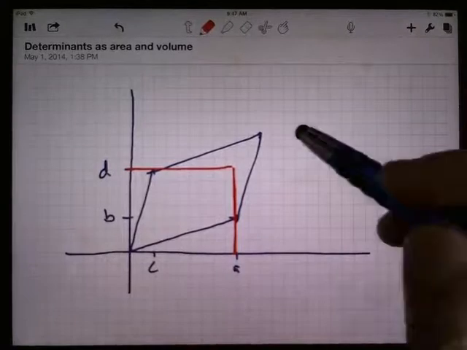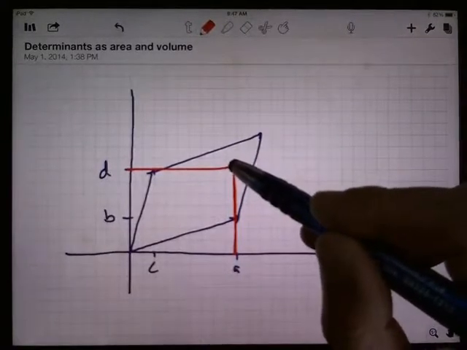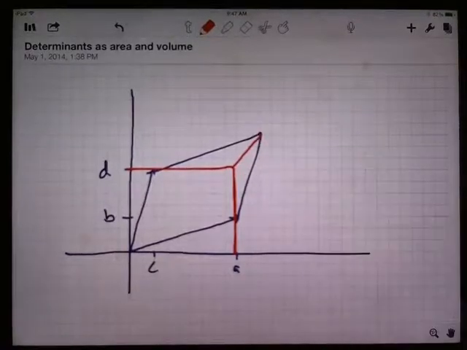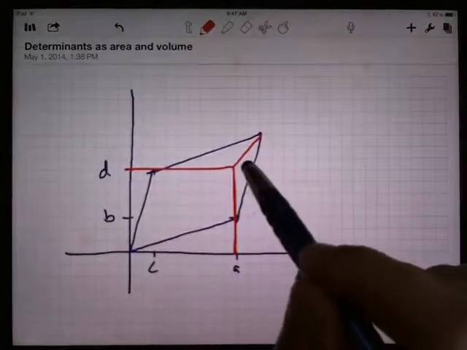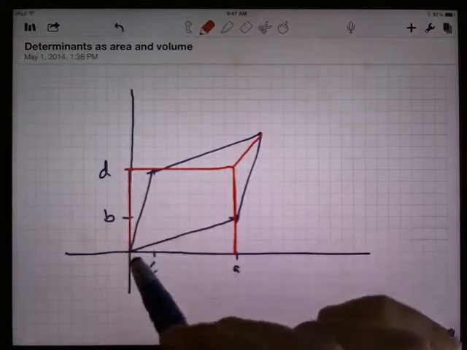And then I notice that this corner right here, I'm going to connect that to the corner of the parallelogram. And then I'm going to take these pieces that are outside of my big rectangle here. So I've got this rectangle.